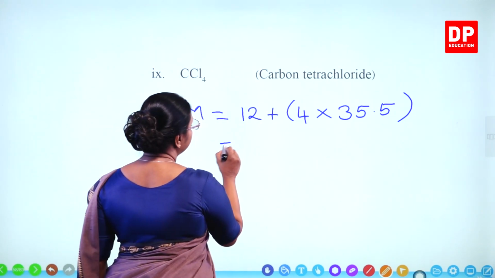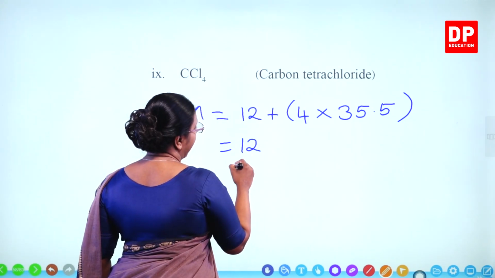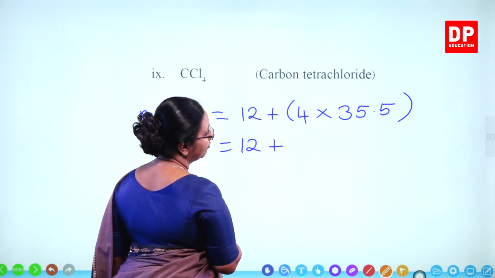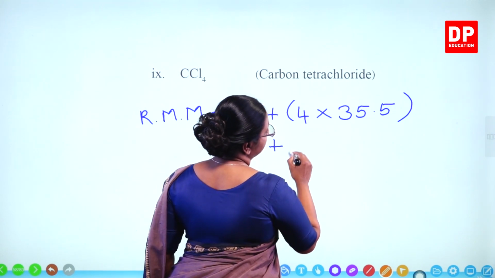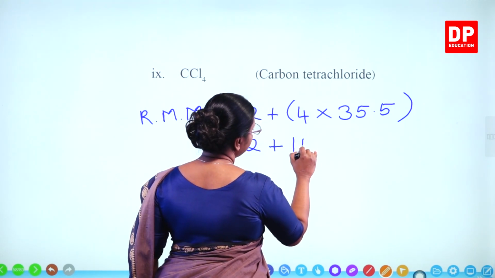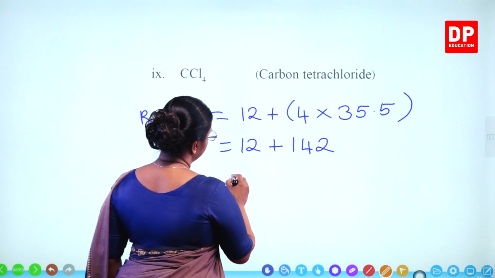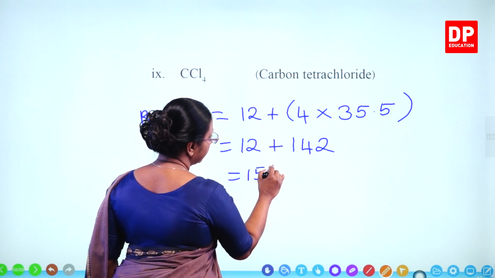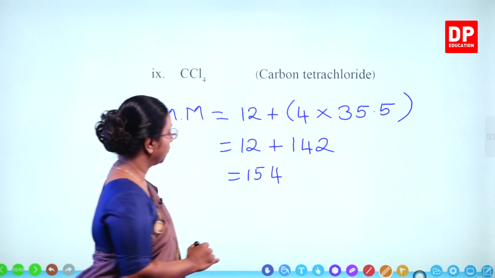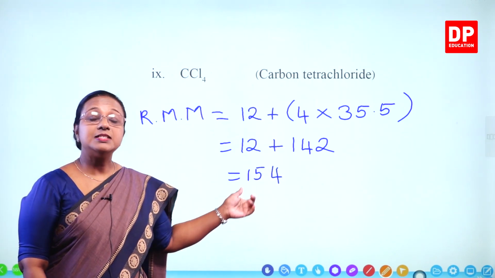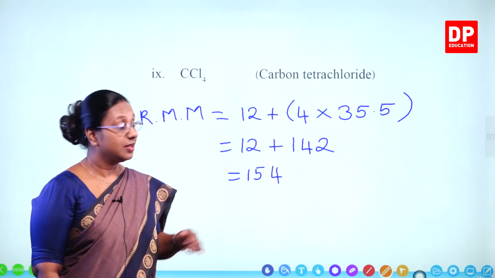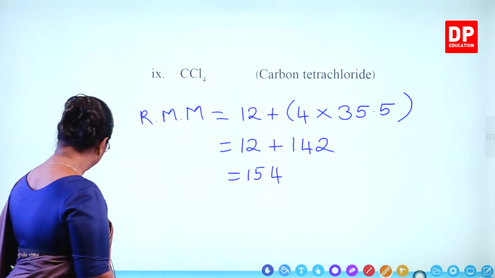So when you add 12 plus 4 into 35.5, that would be 142. So when you add them together, it will be 154. That is the relative molecular mass of carbon tetrachloride, 154.